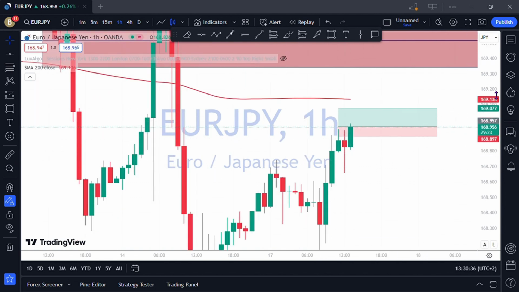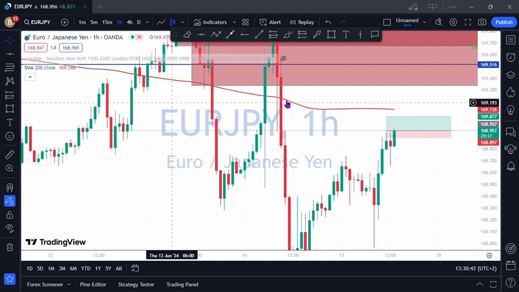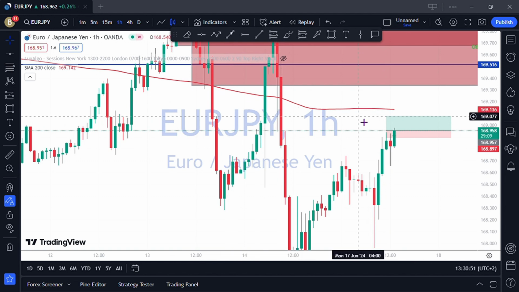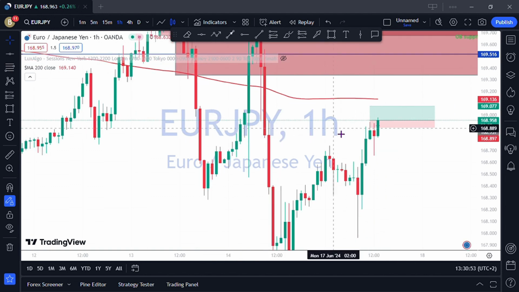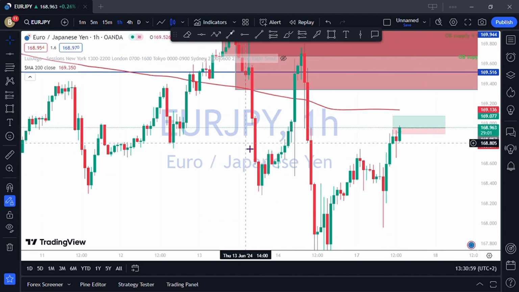So that is what I'll be looking for. As you can see right here, it's clear, having this resistance. And as you can see, price is going to sell because of the 200 moving average. It's below the 200 moving average, showing us that we're going to have some bearish momentum.